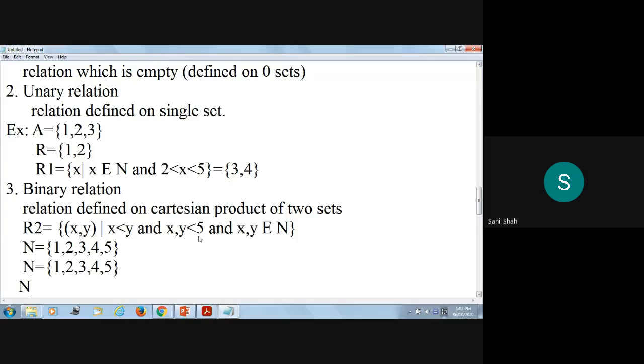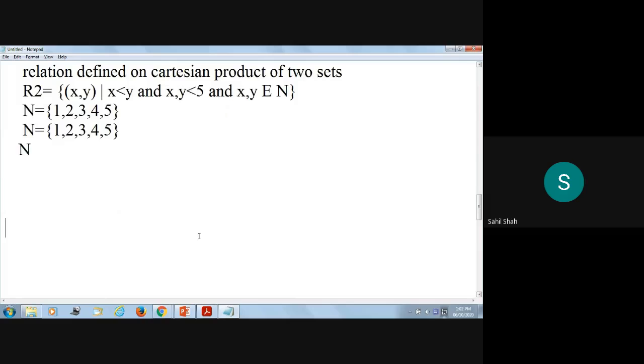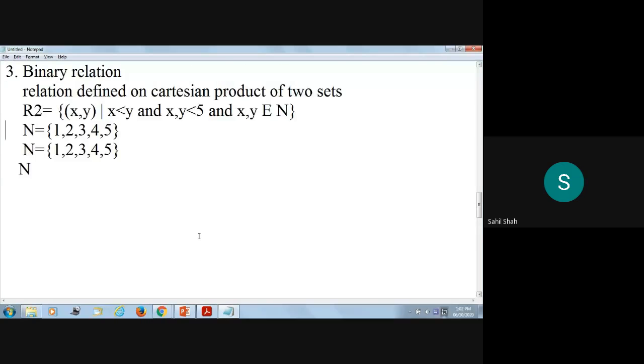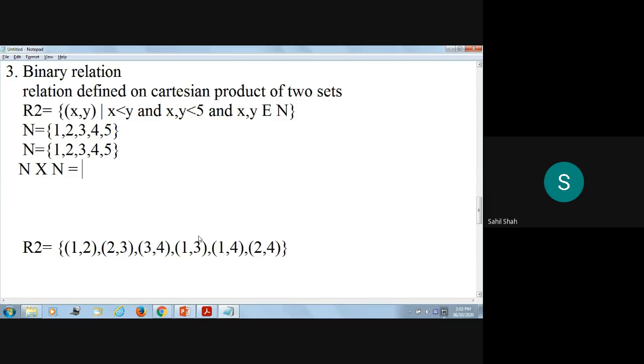Let me make it like this so that you will be able to understand what is happening. So let us take the Cartesian product N cross N. What is N cross N? How many pairs will I have in N cross N? 5 fives are 25 pairs you will have. So what are those pairs? The first pair will be 1 comma 1.